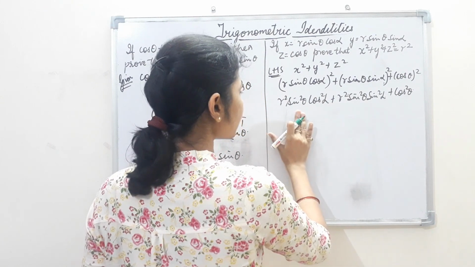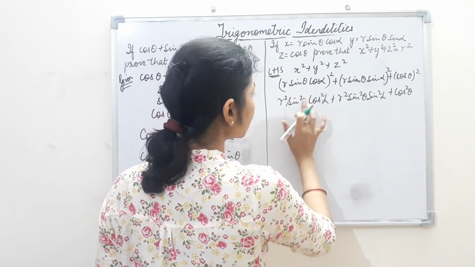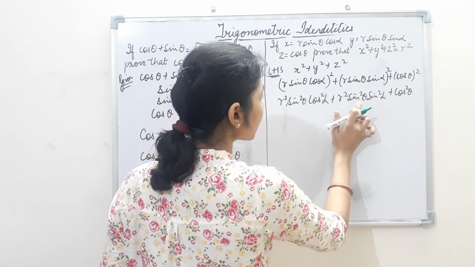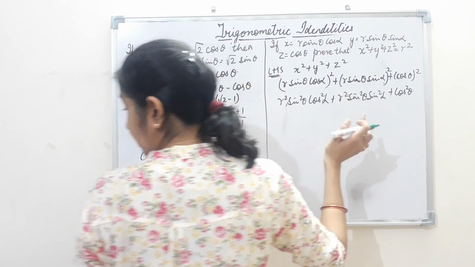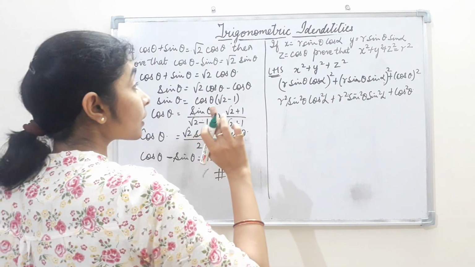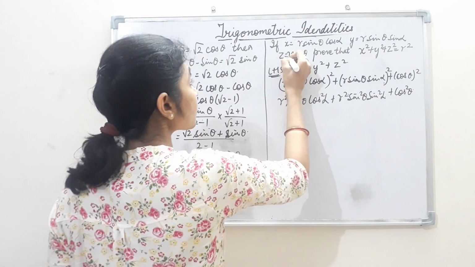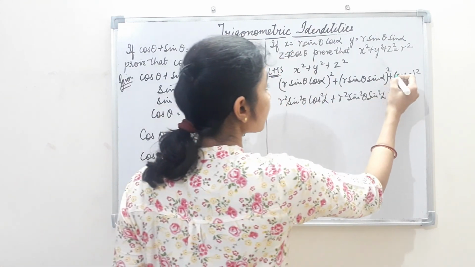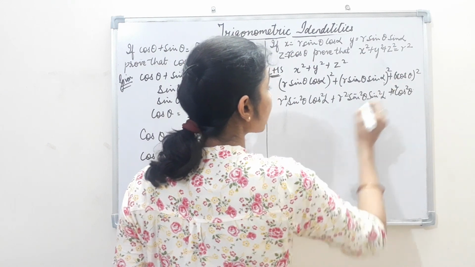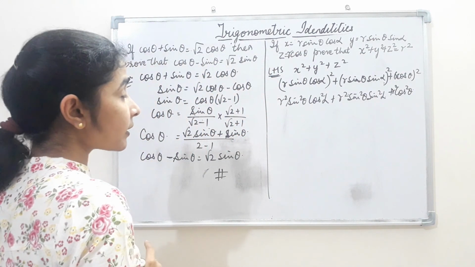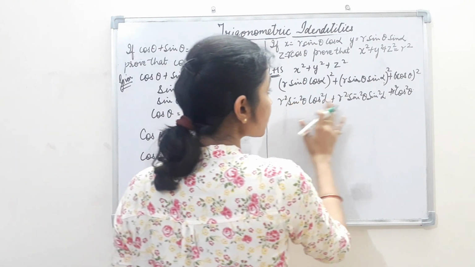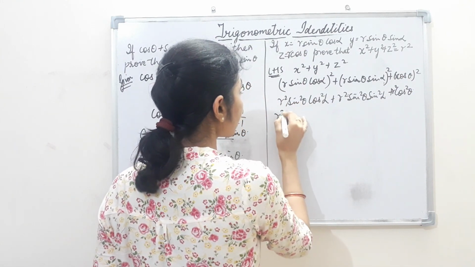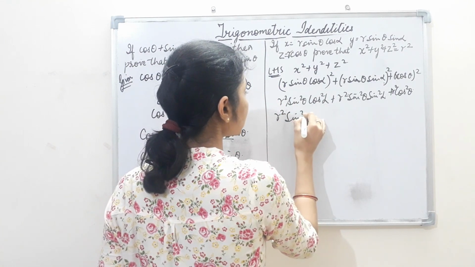In these three nothing is common, but if we see carefully then we can see that here sin square theta and sin square theta is common. And here r is also common, here also we are having r, and here also we get r square. Now r square is common here.